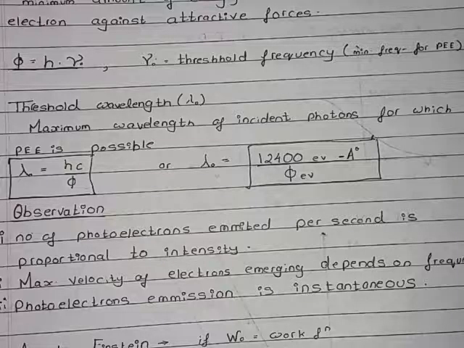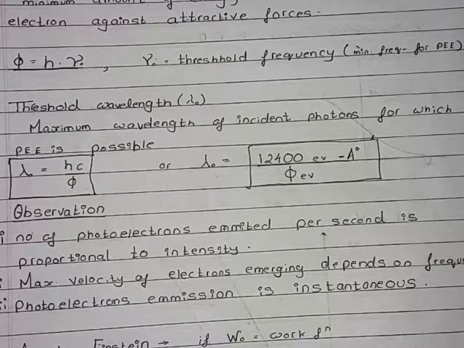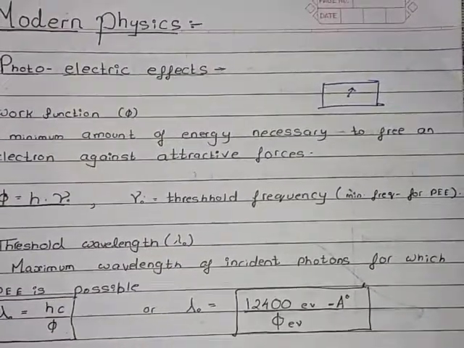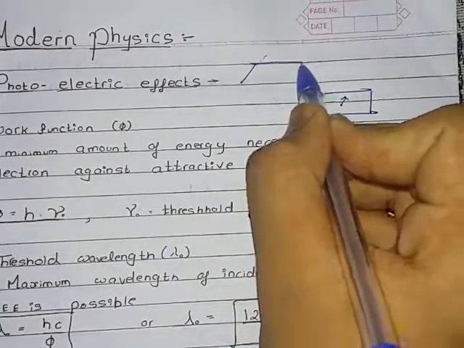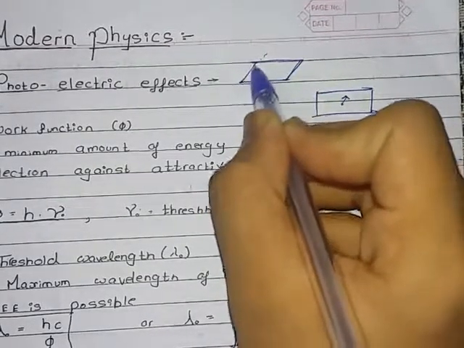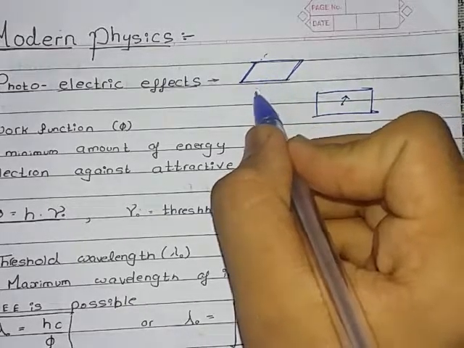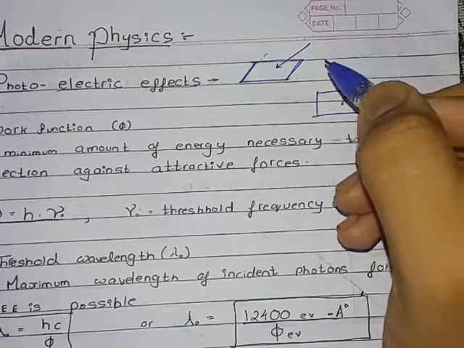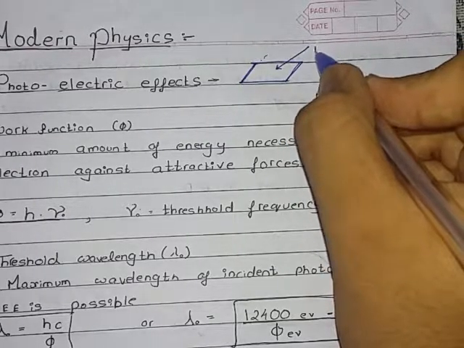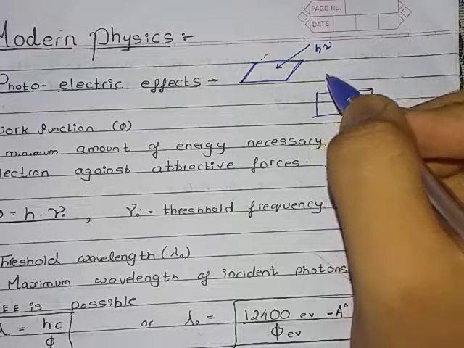What is threshold frequency? Threshold frequency is the minimum frequency for the photoelectric effect. Those who don't know what the photoelectric effect is, let me explain shortly. Suppose we have a plate here, and we are applying a high intensity of light, having the energy h nu, that is hc by lambda.